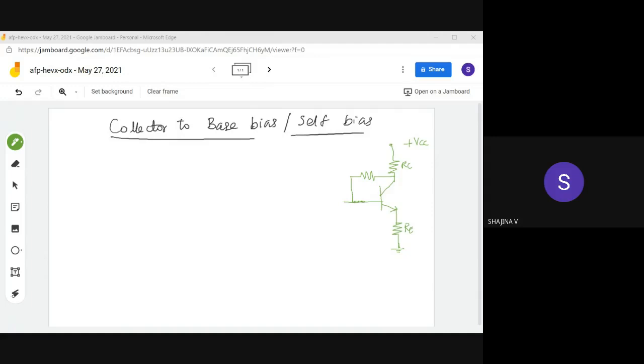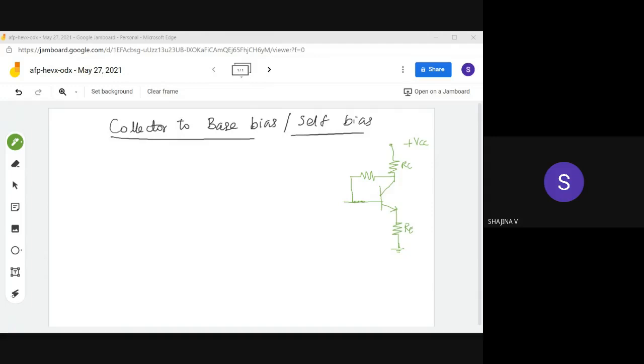Now let us see the stability factor for this case. Stability factor S. So here also we have to substitute in this general expression, that is S is equal to 1 plus beta divided by 1 minus beta into DIB divided by DIC.